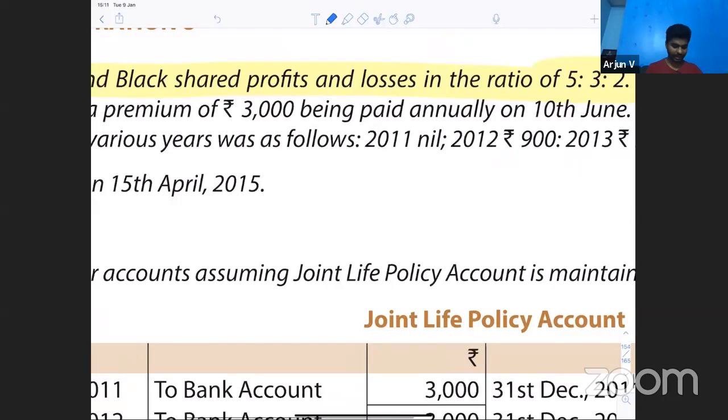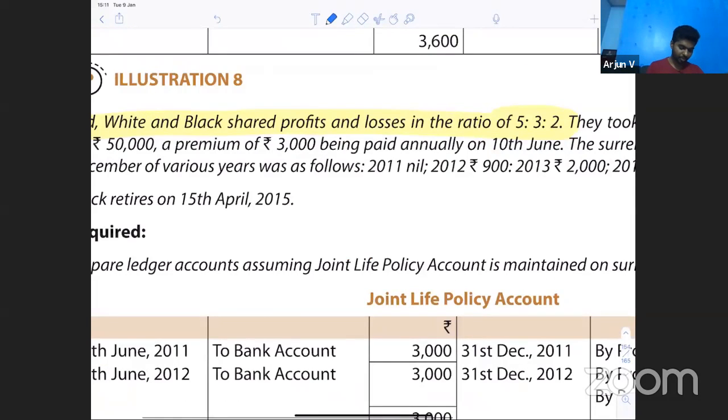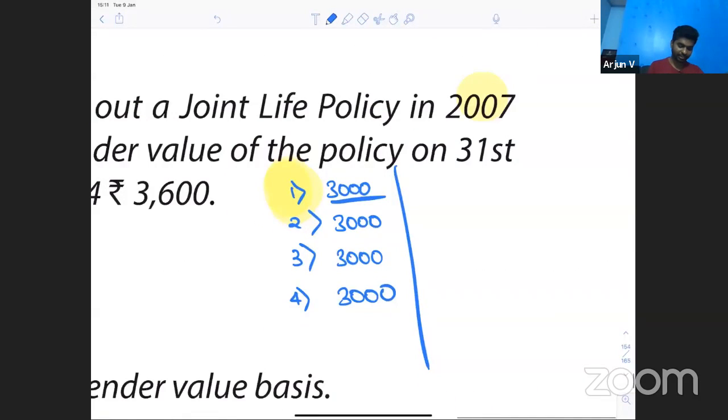First year end, my surrender value was nil. I said an asset should be shown at the surrender value, and the surrender value is 0. If you purchase an asset of 3,000 and suffer a loss at the end of the year, you will transfer it to the P&L account. So there was a loss of the entire 3,000 rupees.